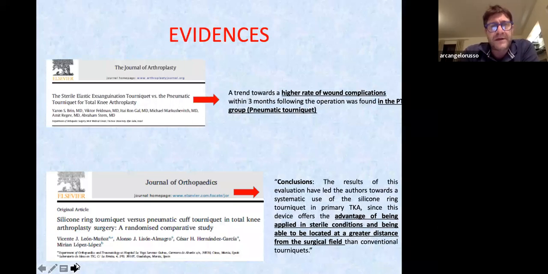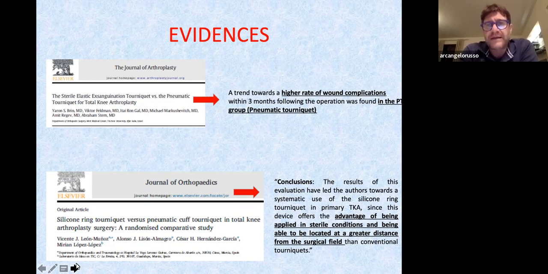Some kind of literature shows how higher the rate of wound complication is using the pneumatic tourniquet, and the advantage of being applied in sterile condition is much better than the normal one.